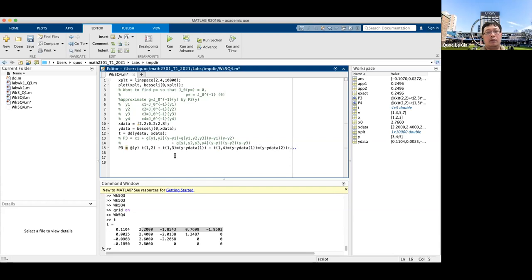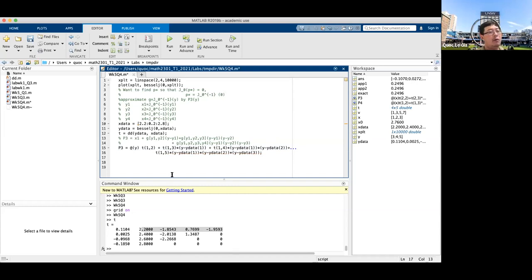So I want to have a new T1,5, yeah. And I have to give this term y minus y data 3. Okay, so this is my P3, okay.